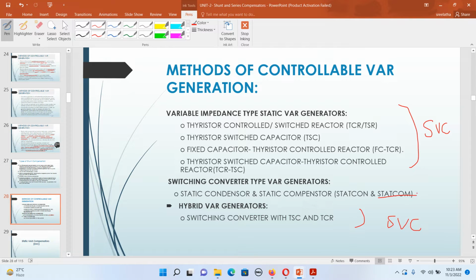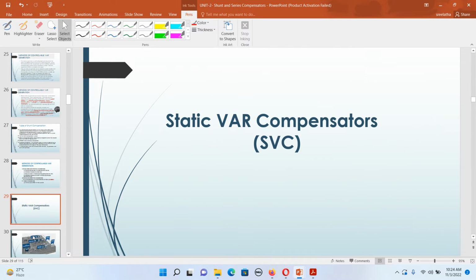We should know the differences also. We have mainly two things: one is static var compensator and one is STATCOM, and another one is our synchronous condenser or machine. So today we are going to see static var compensator. At least we'll try to cover some of the types.